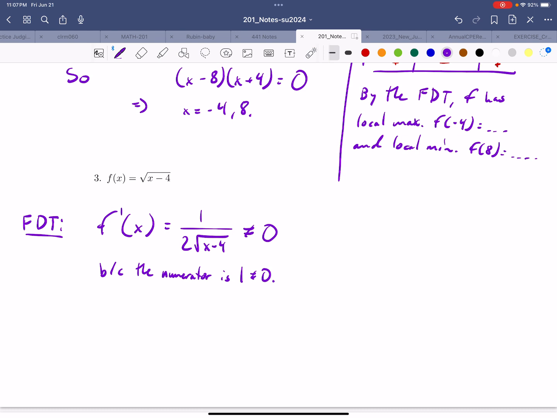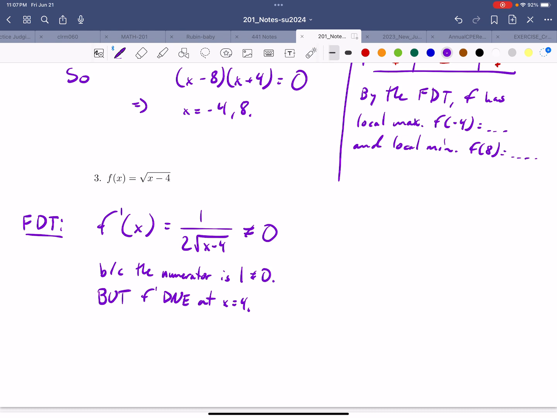However, f prime does not exist at x equals 4. So 4 is still a critical number that we have to consider.